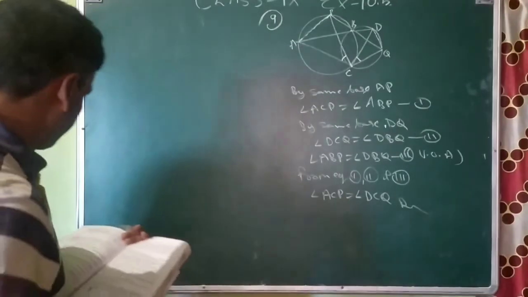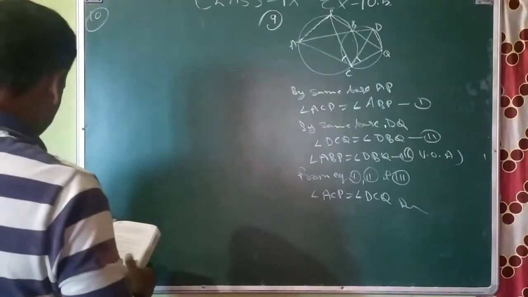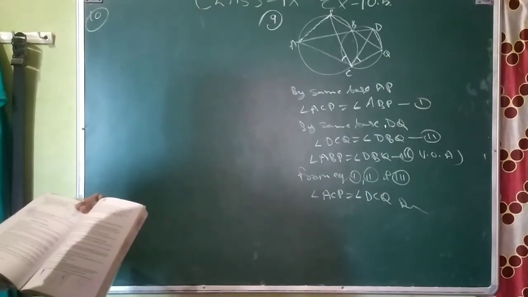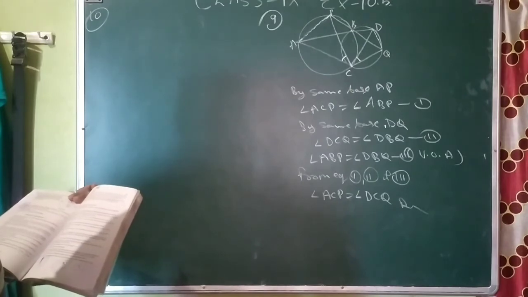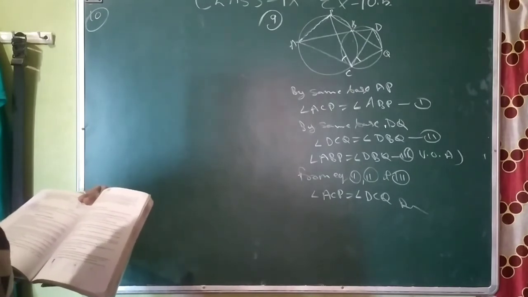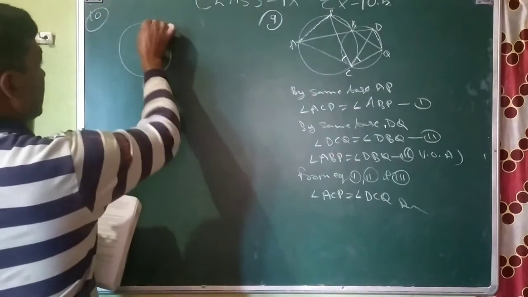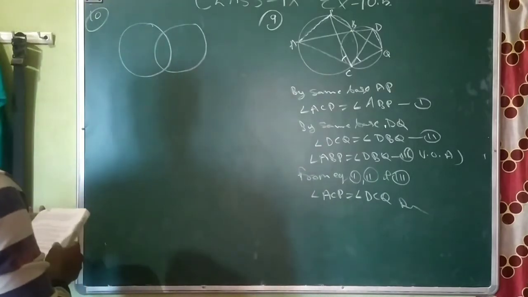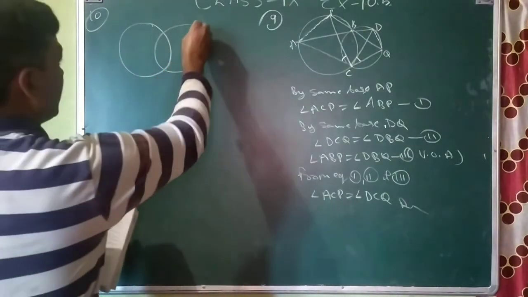And then question number 10: if circles are drawn taking two sides of a triangle as diameter, prove that the point of intersection of these circles lies on the third side. Two circles are there, with two sides as diameters.